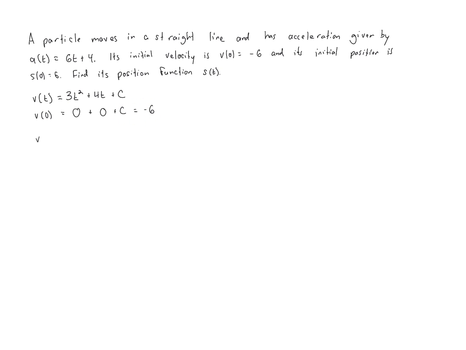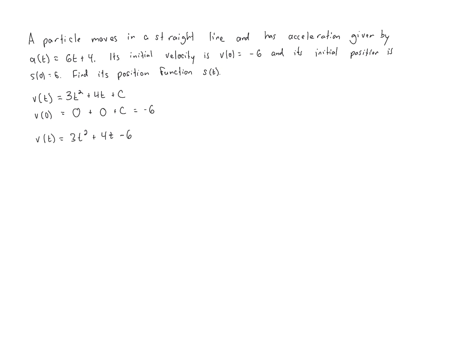And so we actually know the velocity function is 3t squared plus 4t minus 6. We can use that information we knew about the initial velocity and narrow down what the constant term is, so we can have a specific formula for the velocity here instead of a generic one with a constant term in it.